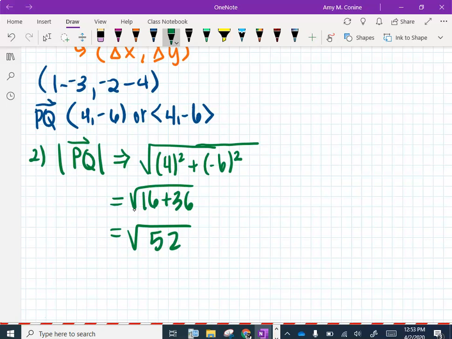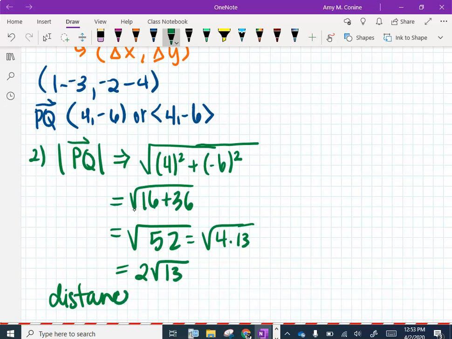So we're just going to check to see if I can simplify that anymore. And I can. 4 times 13 gives us 52, which means that the magnitude or the distance from point P to point Q is 2 root 13.